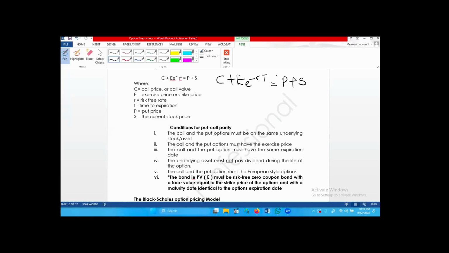Alternatively, we can use this equation to calculate the value of a put option if the price of a call option is given. I hope that point is clear. This equation is used for that purpose.